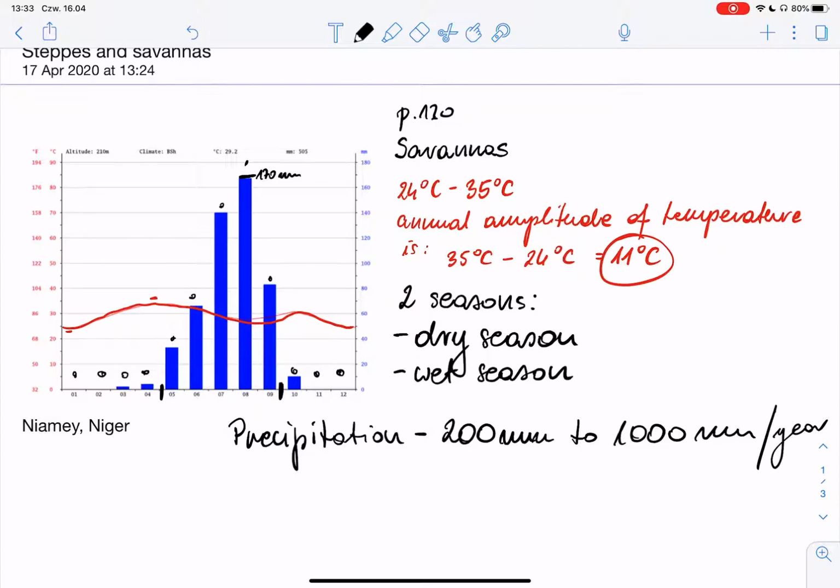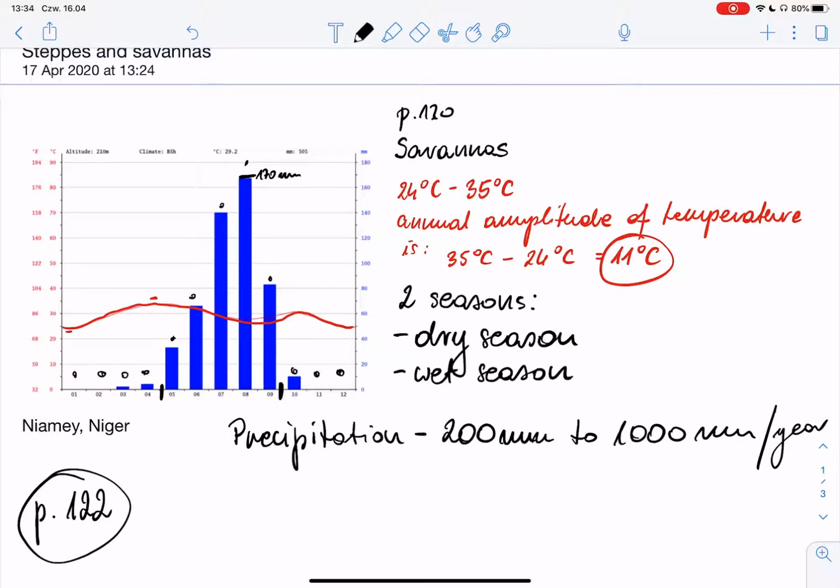Very few trees because basically trees aren't able to cope with the very distinct conditions and periodical lacks of water. And let's go to page 122. On that page, you will see a graph showing the typical inhabitants of savanna.